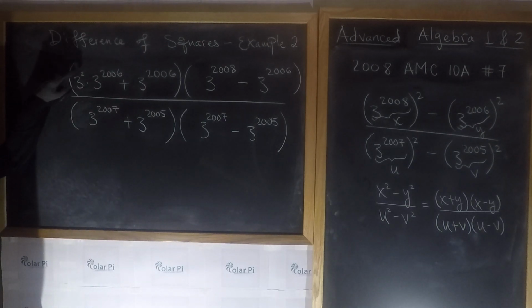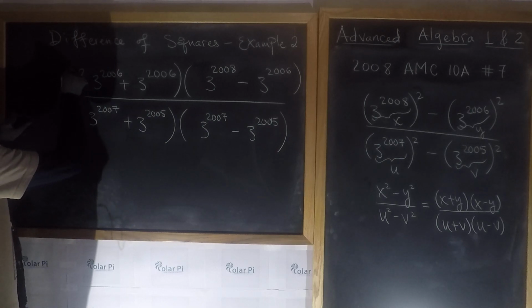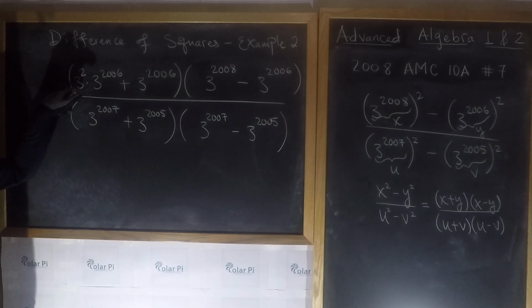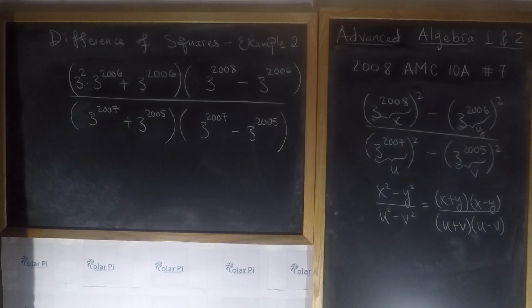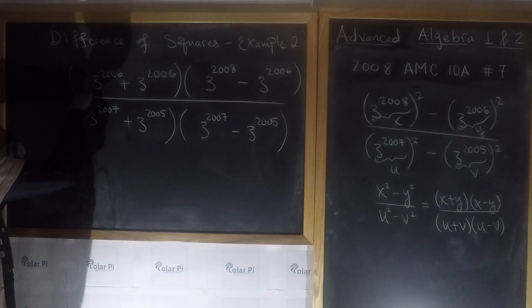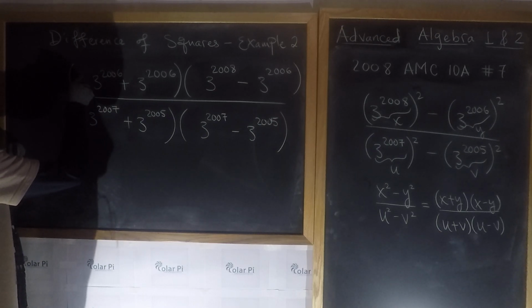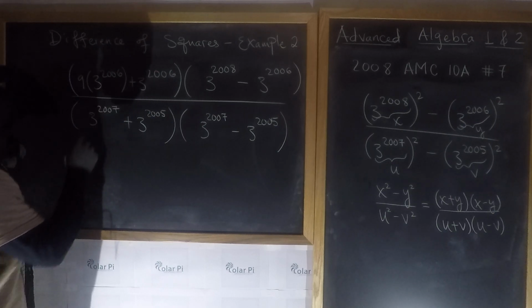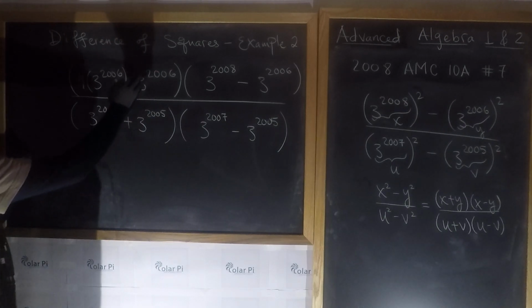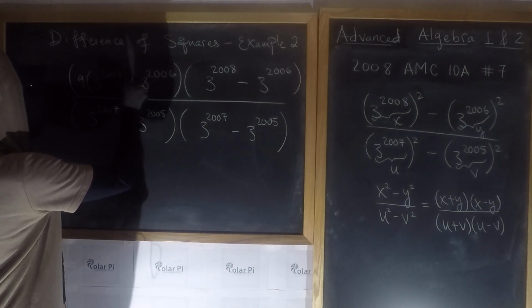That's just using exponent rules: 3 squared times 3 to the 2006 is 3 to the 2 plus 2006, and therefore 3 to the 2008. But wait, 3 squared is 9. So I could just write 9 times 3 to the 2006.